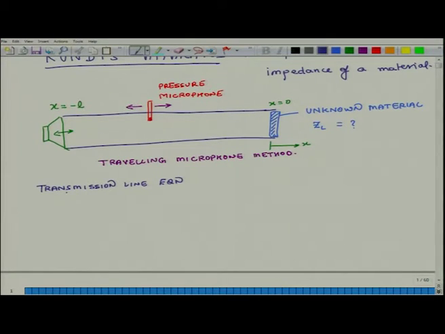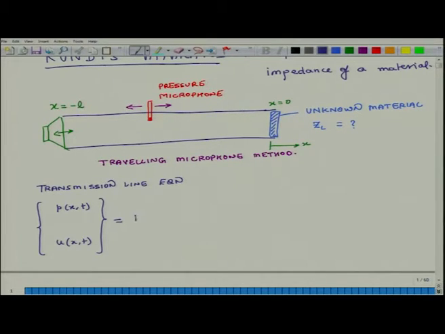So, what are the transmission line equations? There is an equation for pressure, which is a function of x and t, and then there is also an equation for velocity.